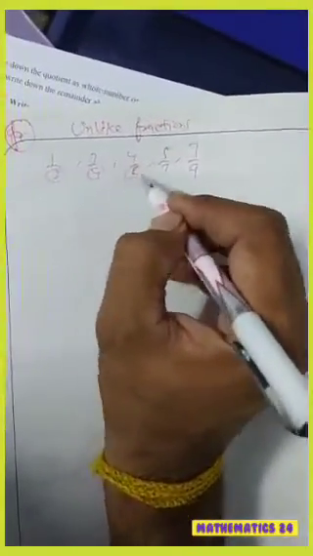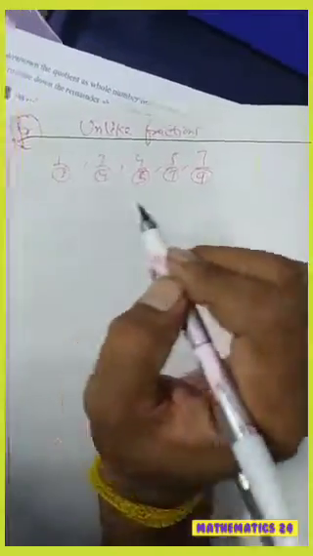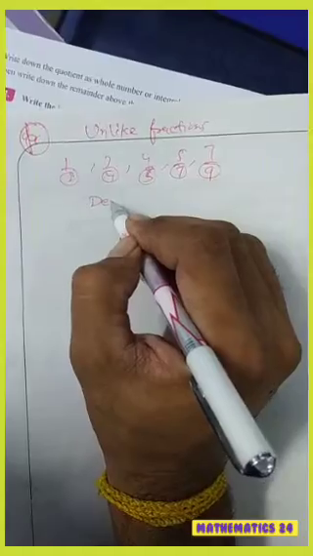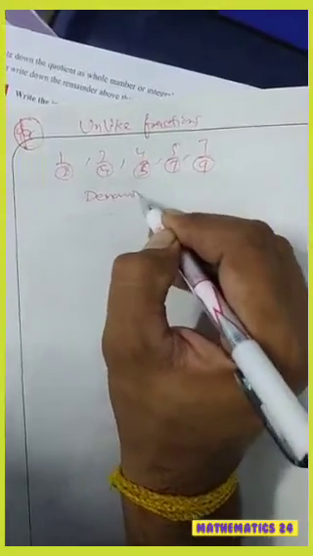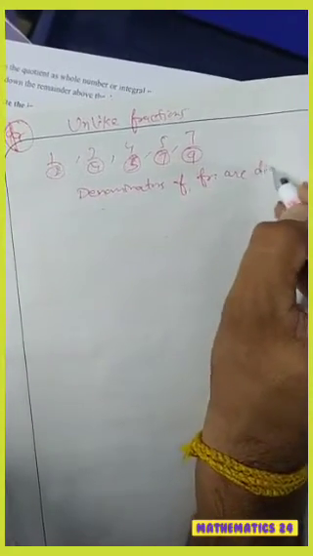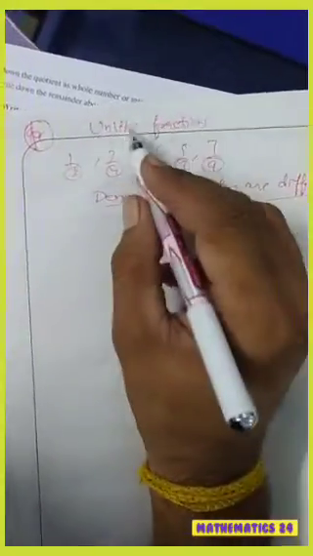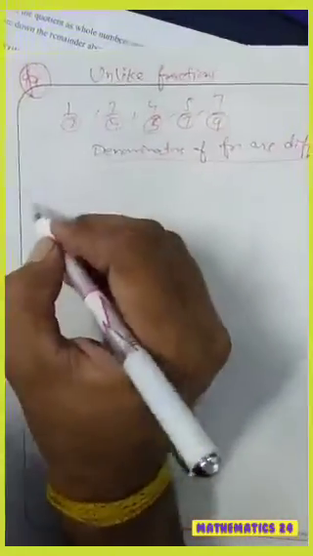Are you looking? All denominators are different. So when all denominators of fractions are different, we can say that these types of fractions are unlike fractions.